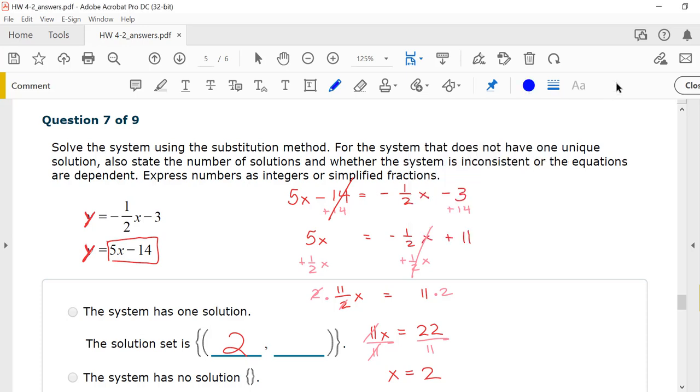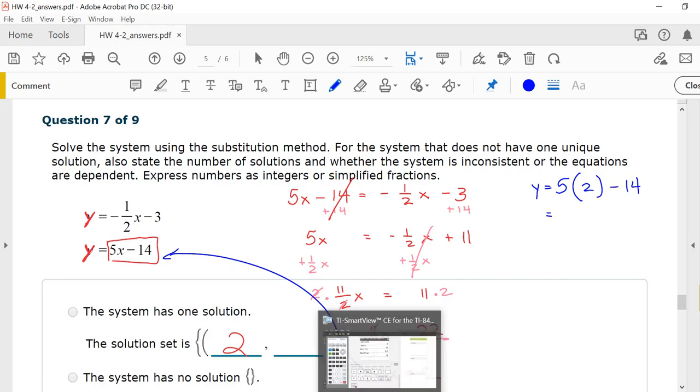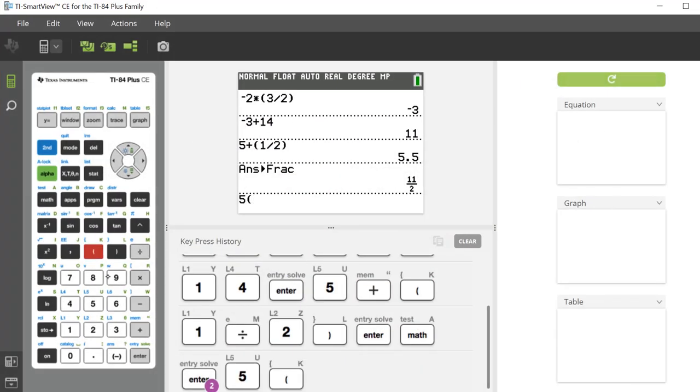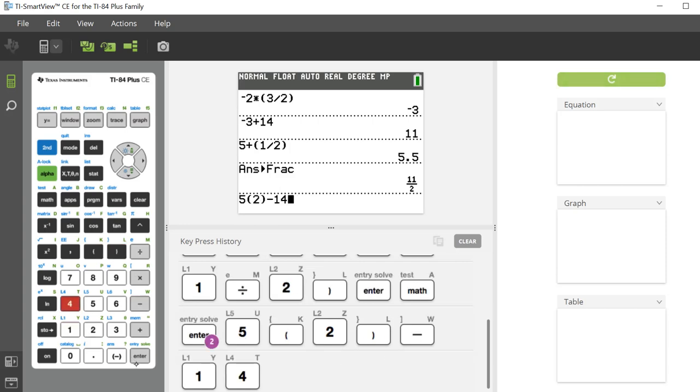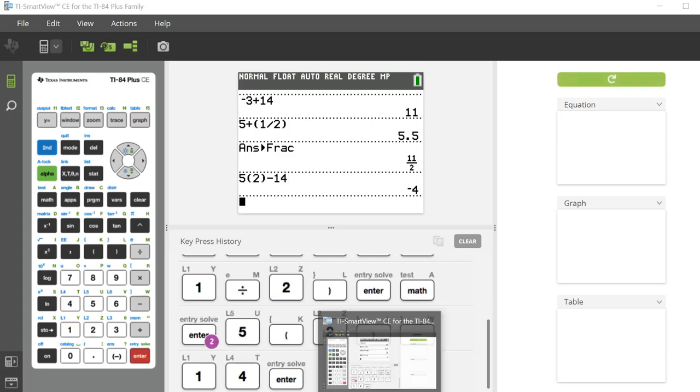I'm going to plug that x value into either one of these equations. I'm going to choose to plug it into the second equation. Okay, y equals 5 times 2 minus 14. 5 times 2 minus 14 is negative 4.